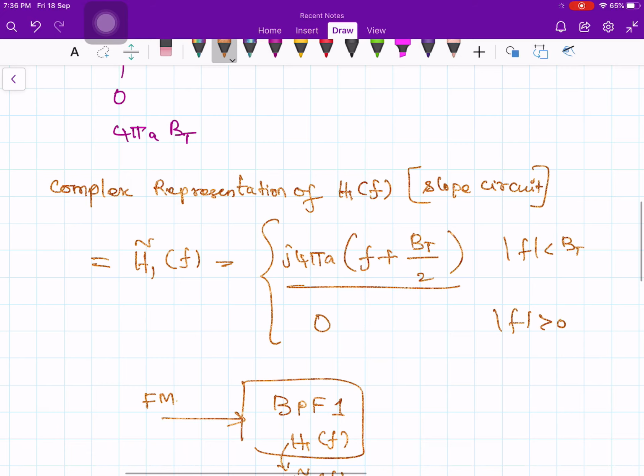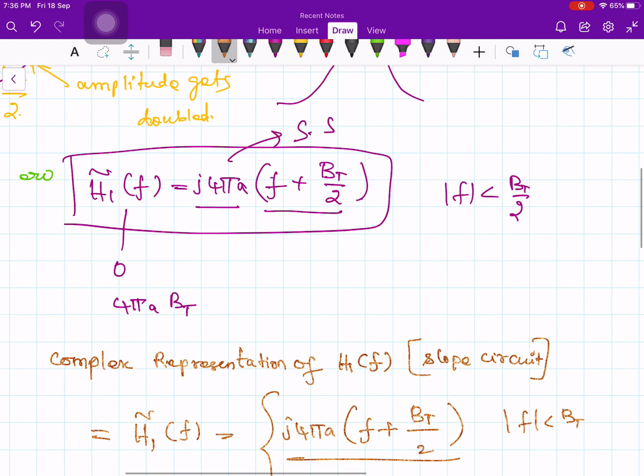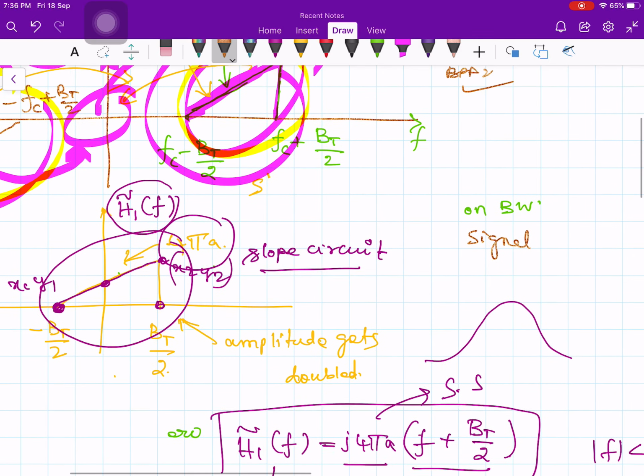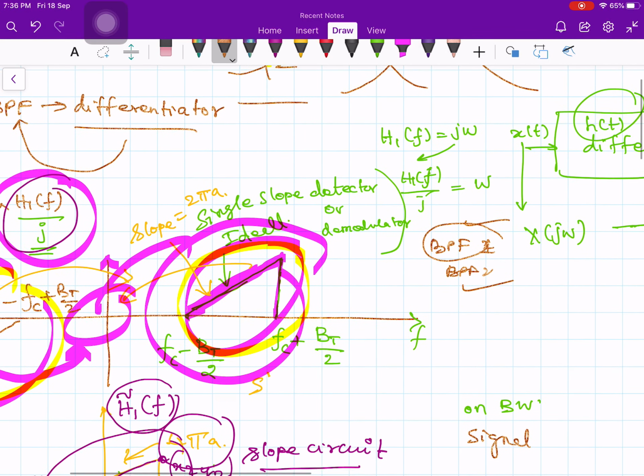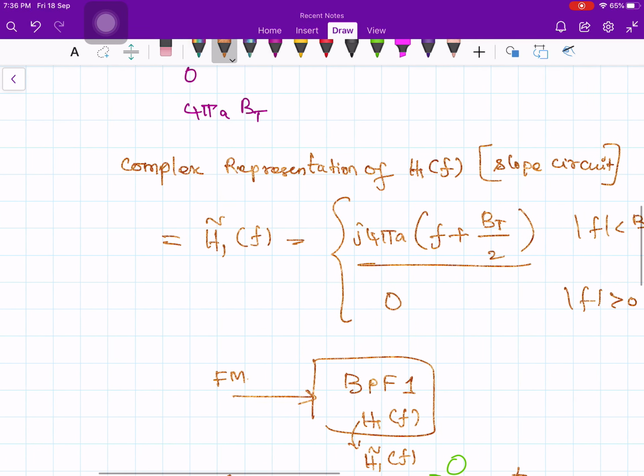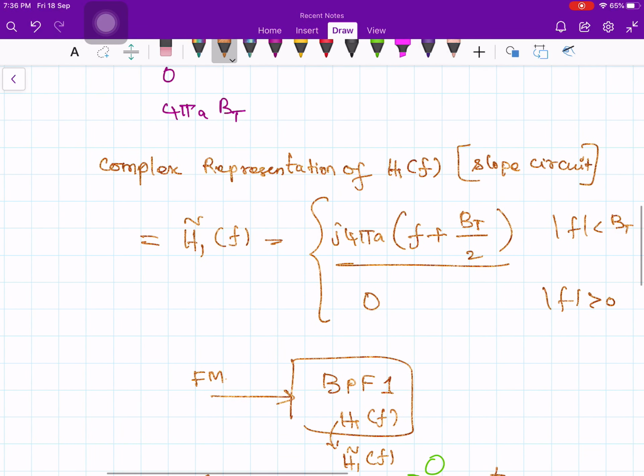Is this correct? Hold on. Okay. I think there is some small mistake. I think this is not 4 pi. I think this is 2. Check this, okay.